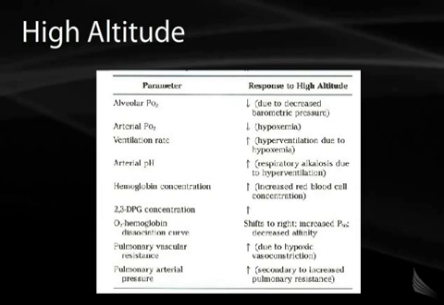Arterial pH will increase as we hyperventilate. Hemoglobin concentration will increase. Our kidneys will cause our red blood cells to produce more hemoglobin. 2,3-DPG concentrations will increase. And as I mentioned, I think you could make an argument about the oxygen hemoglobin dissociation curve shifting either way. Pulmonary vascular resistance will increase, leading to higher pulmonary artery pressures.